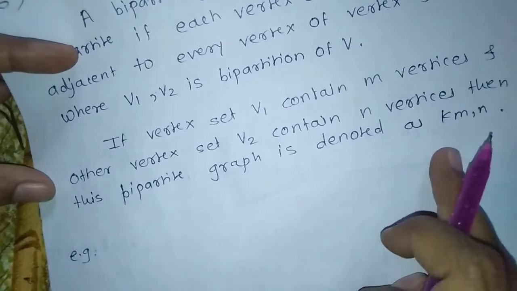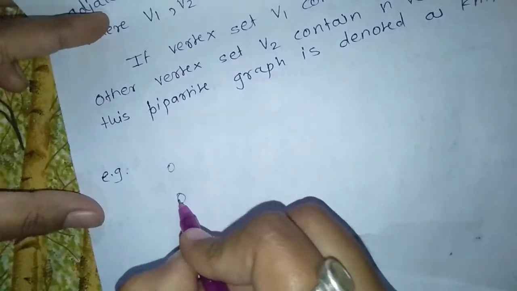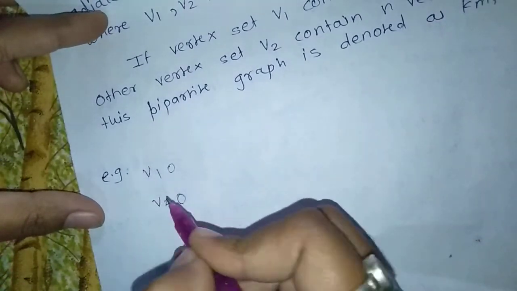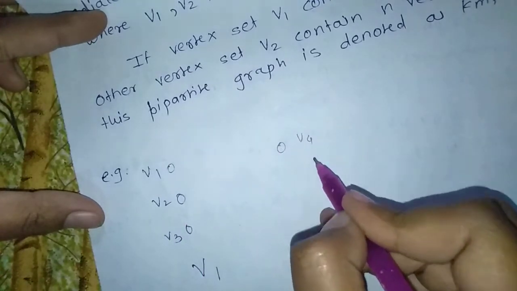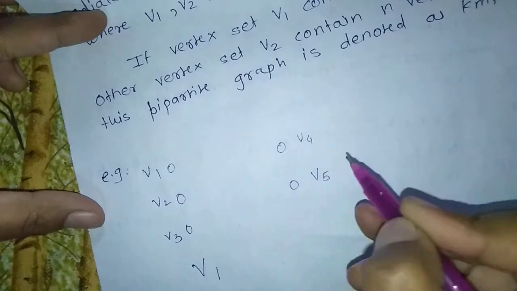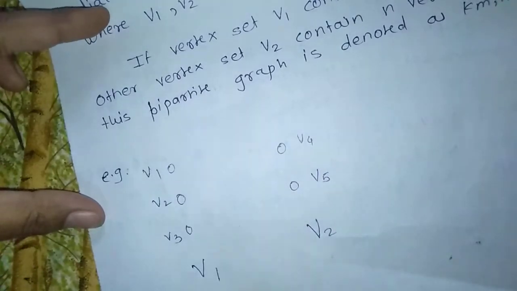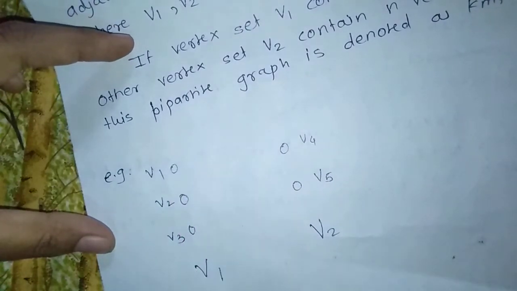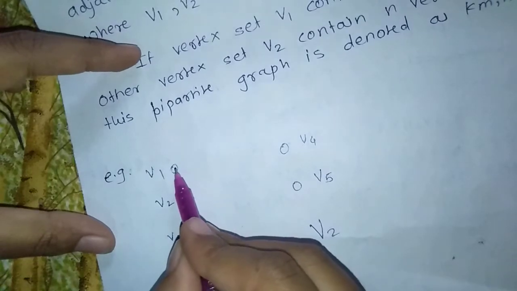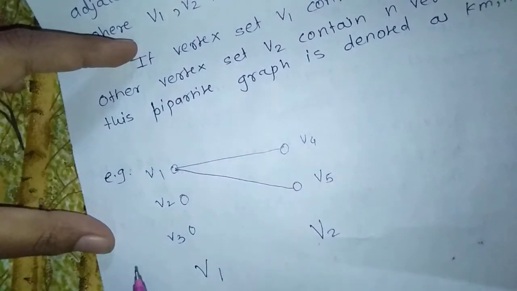denoted as K(m,n). For example, for a complete bipartite graph, suppose V1, V2, V3 is the vertex set of capital V1, and V4, V5 is the vertex set of capital V2. Now V1 is adjacent to every vertex of V2, means V1 is adjacent to V4, V1 is adjacent to V5.